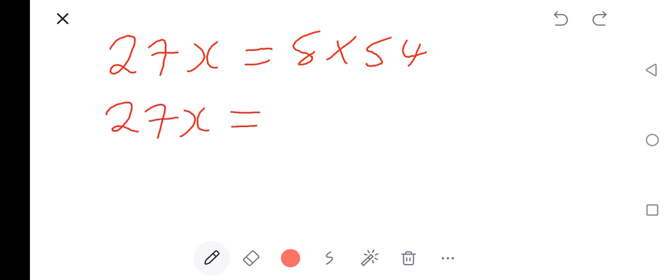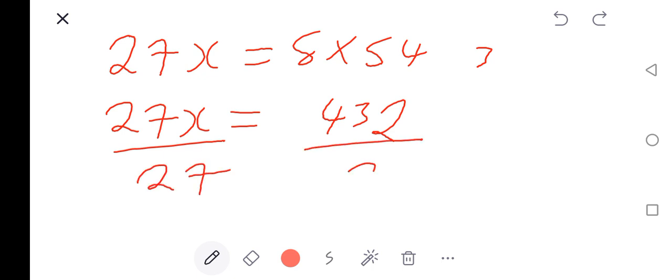27x, 8 times 4, it's 32, carry 3, 40, 43. So 432 over 27. Cancel.